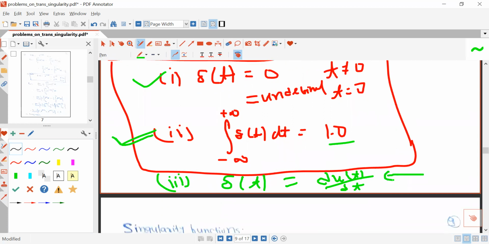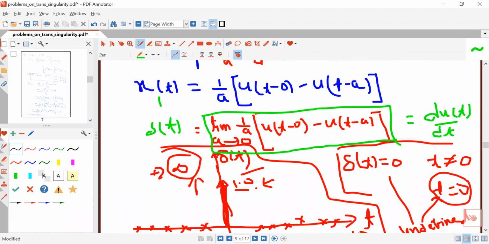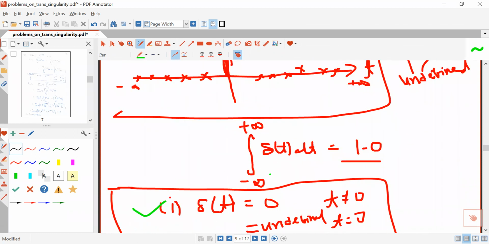And third, the unit impulse signal is the differentiation of the unit step signal. So with the use of the unit step signal, you can get the impulse signal. This is all about the impulse signal, which is also called a generalized function.